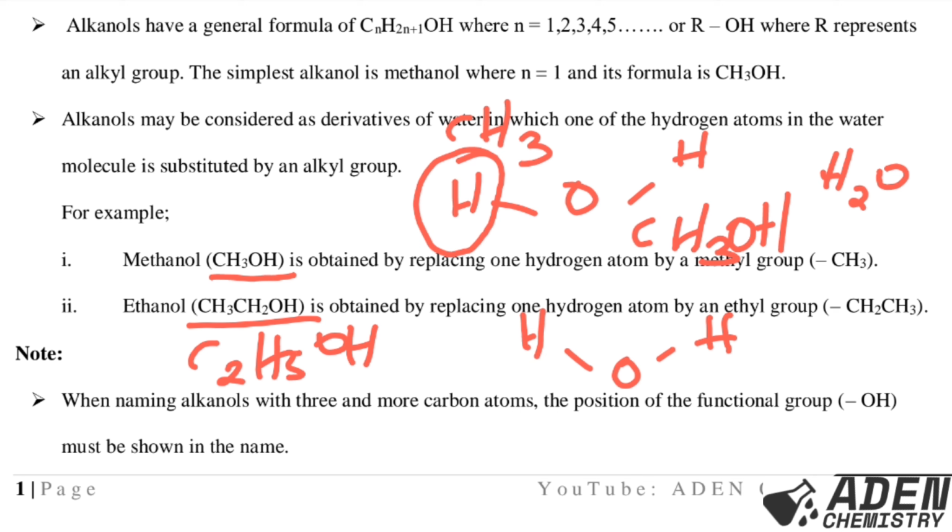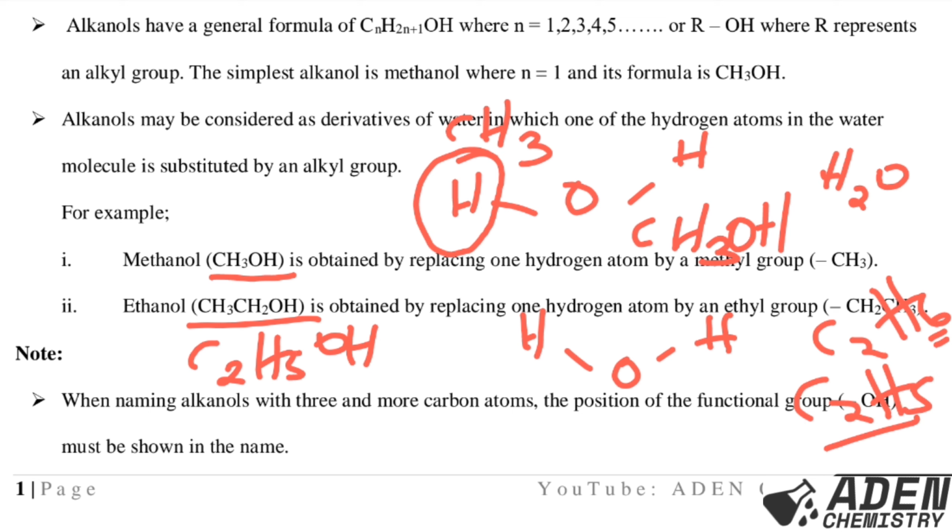So, if we are talking about ethanol, we talk about ethyl as the alkyl group. So, how do you write ethyl? Ethane is written C2H6. So for you to write the alkyl group, you remove one hydrogen from ethane. So what you're going to get is C2H5 as the alkyl group.